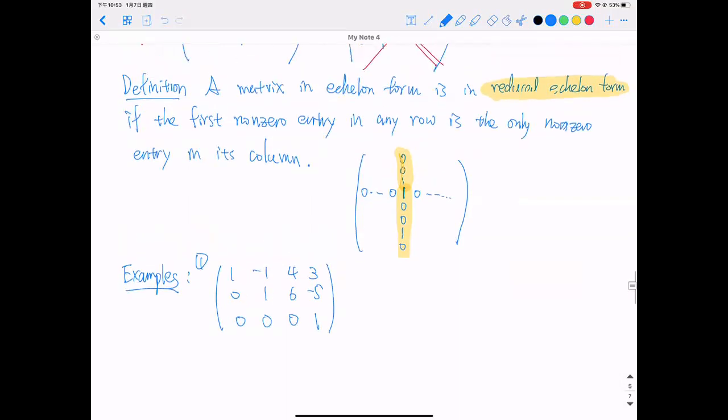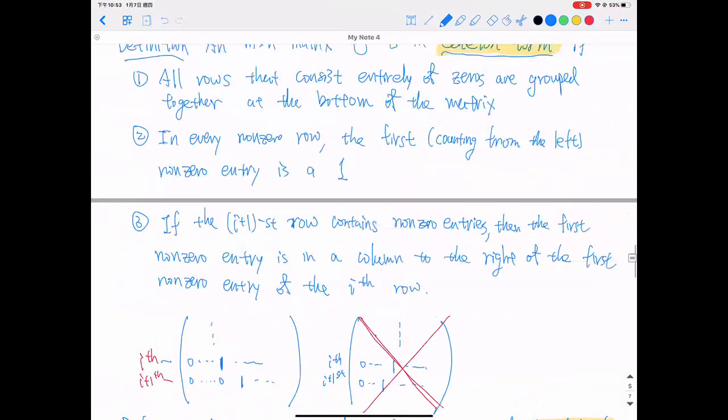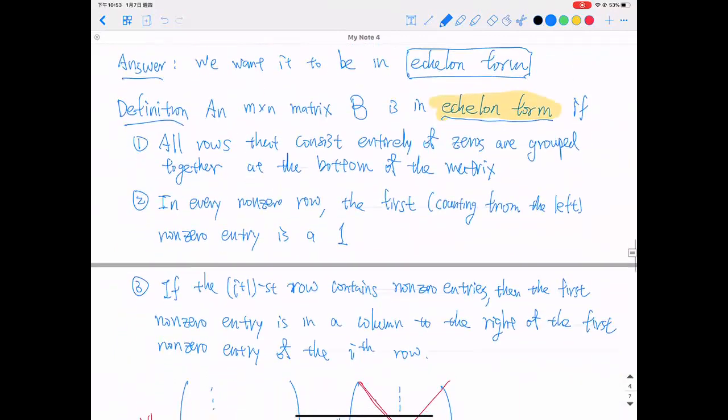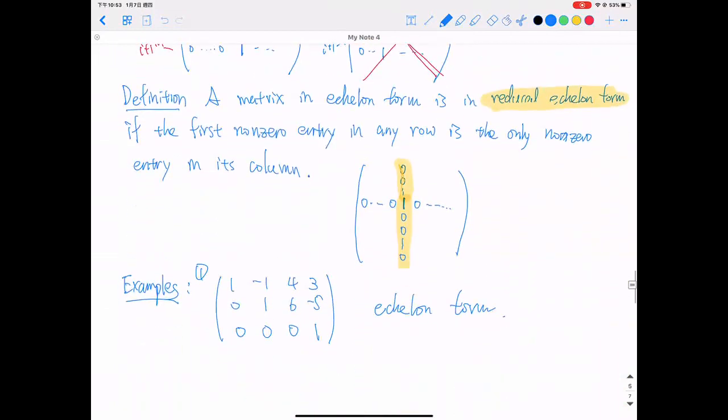This one is in echelon form. Right? Let's examine this. There are 3 conditions. I cannot really redisplay them. But the first condition is about 0 rows. This one doesn't have any 0 rows, so that condition is automatically true.